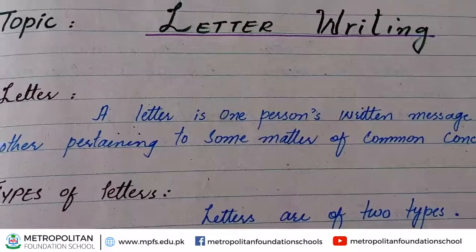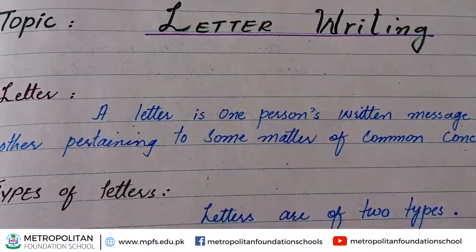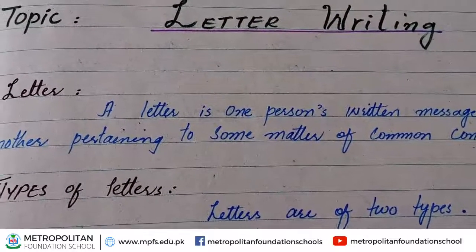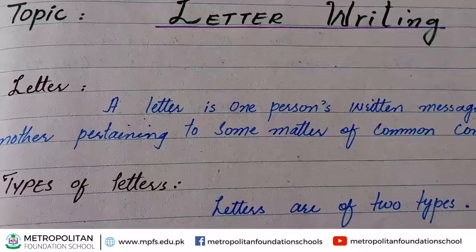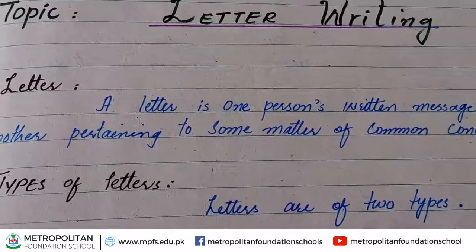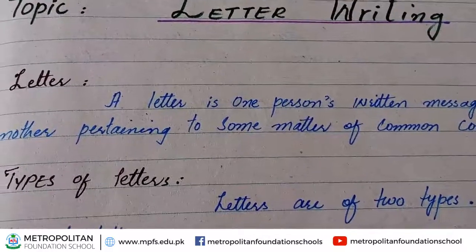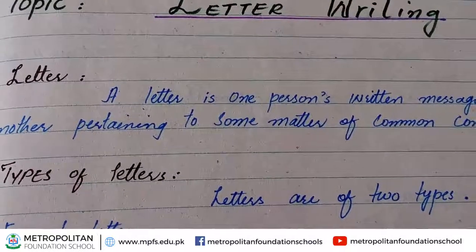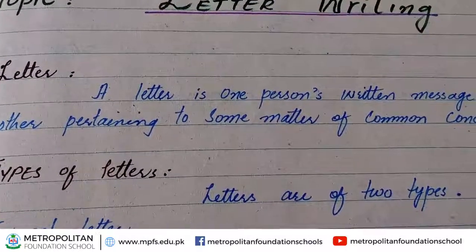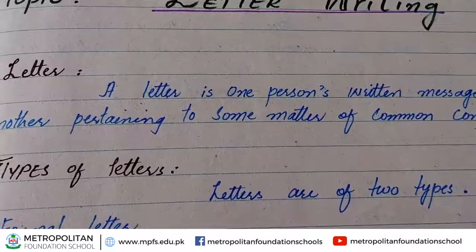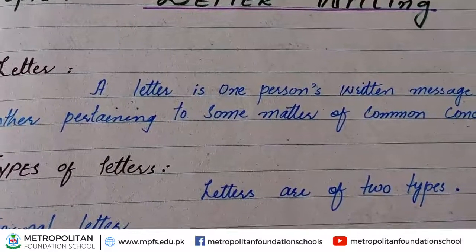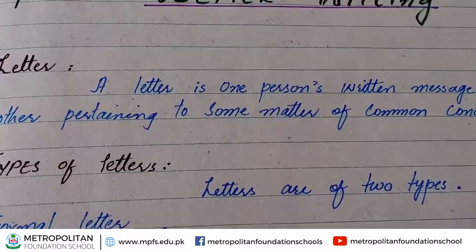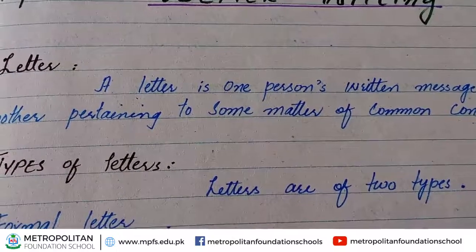An informal or personal letter is written to a relation or a friend. An official or formal letter is written to a person with whom you don't have a personal relationship. The communication is for some official or business purpose.